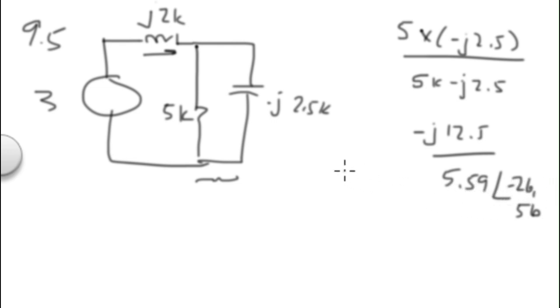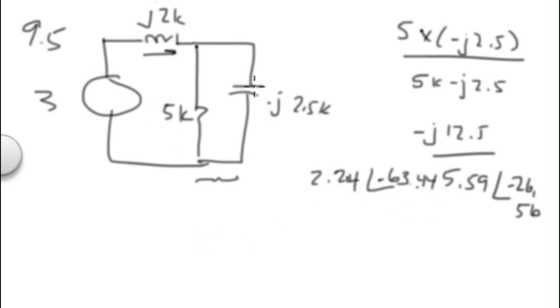So we're saying the total resistance here is 12.5 divided by 5.59, or 2.23, or 2.24 K, at angle minus 90 plus 26.56, or minus 63.44. So we've got 2.24 at minus 63.44.